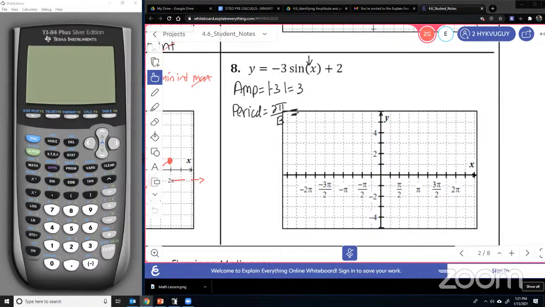You have 2 pi over b. What is the value of b? So Brittany, Gael, b is 1. So what will the period be? 2 pi over 1. What is 2 pi over 1? That's right, Gael. It's going to be 2 pi.